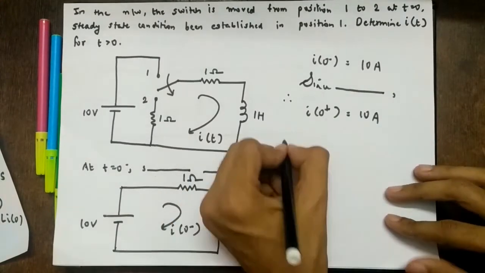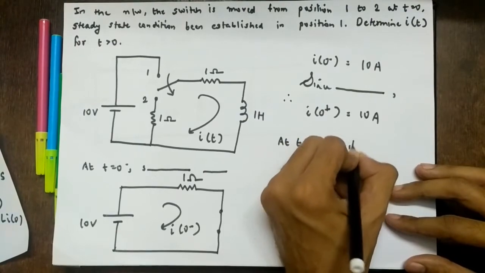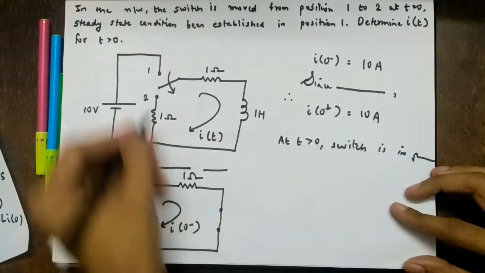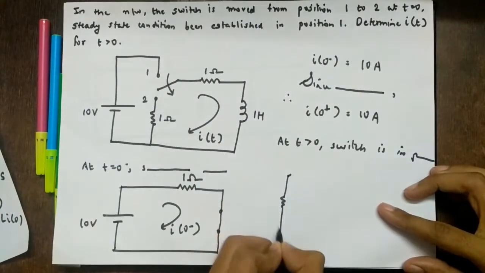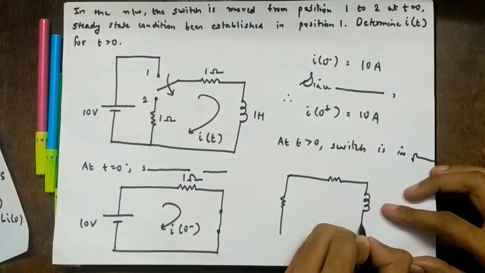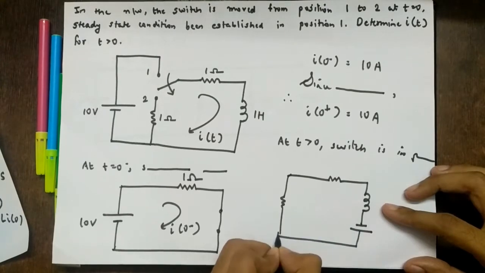Then you will write: for t greater than 0, switch is in position 2. So like this you will get the circuit, right? This is 1 ohm, this is 1 ohm. You have an inductor and a voltage source, with minus above and plus below.